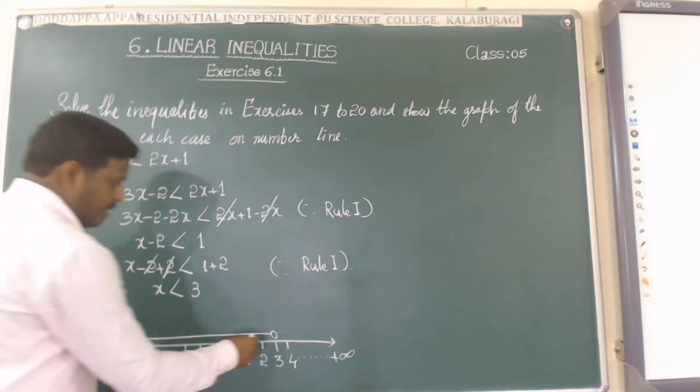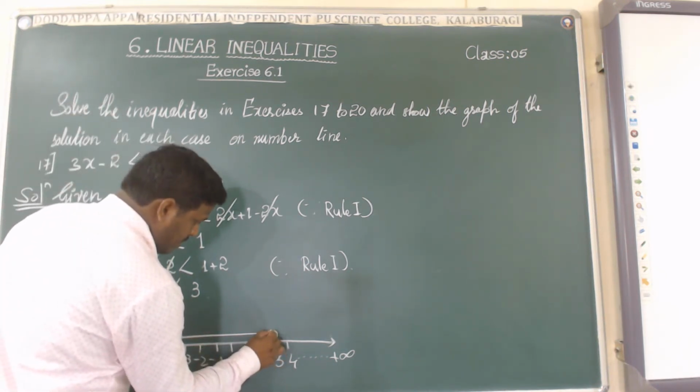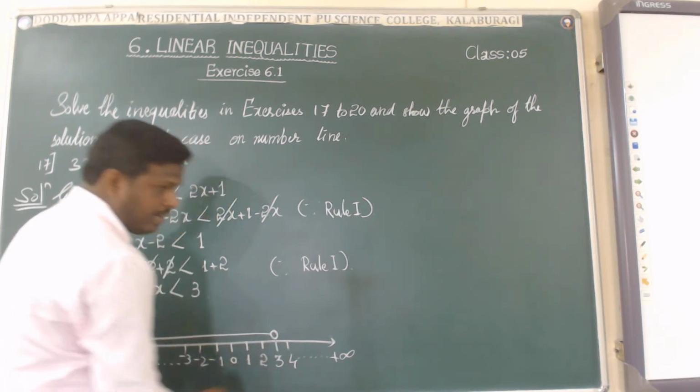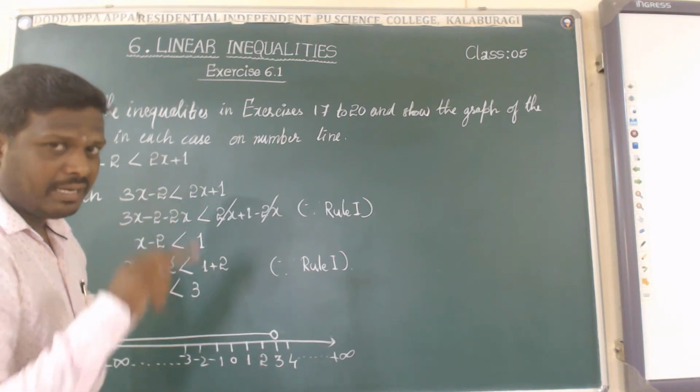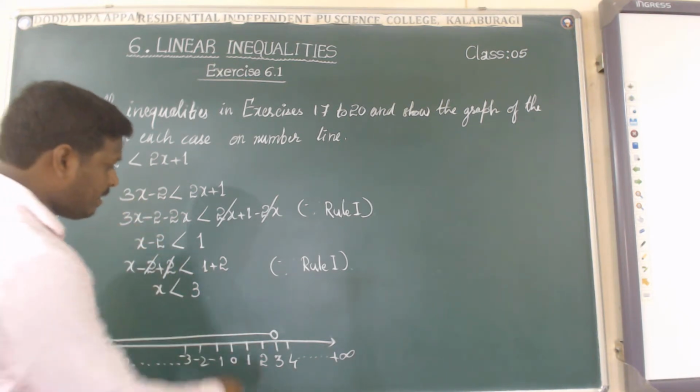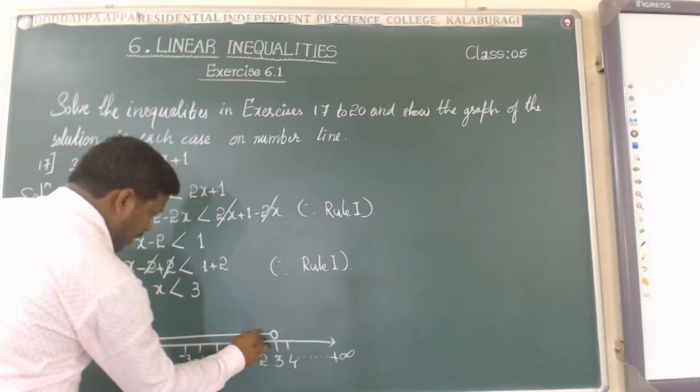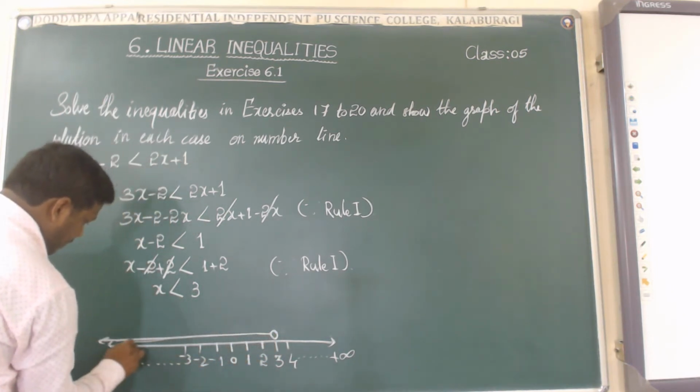That is how to represent this solution: above the 3 point, make a small circle without shading it, and draw the line towards the left side of the number line.